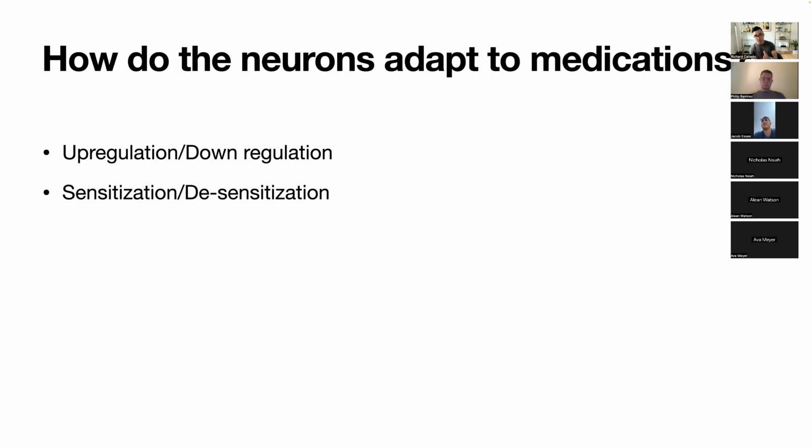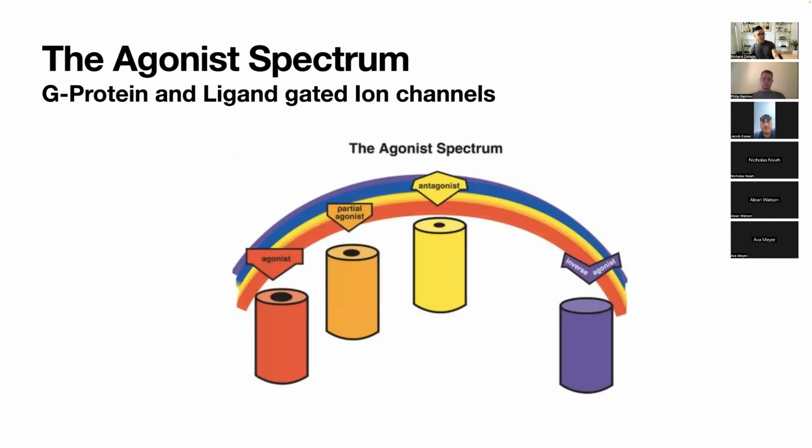Upregulation, downregulation, once again. If you block the receptor, the receptors are going to upregulate. If you stimulate it too much, you're going to desensitize. And this can happen also with the stimulant medication. Agonist spectrum. Agonist, like the regular neurotransmitter. Partial agonist is a stabilizer. If there's a lot of neurotransmission, it's going to work as a net antagonist.